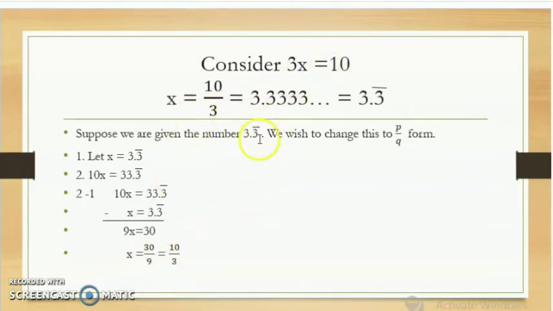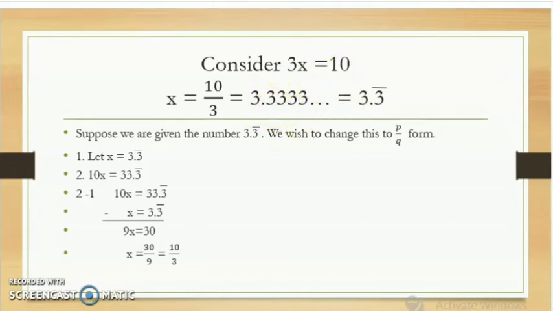So the idea is we are trying to eliminate this repeating part, or make it 0, by subtracting it with another repeating number. So if there is only one digit, we try to multiply it with 10.